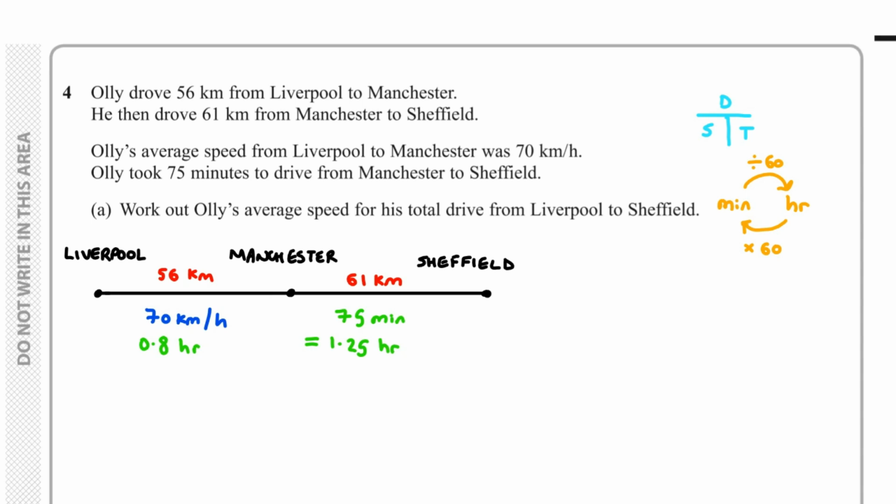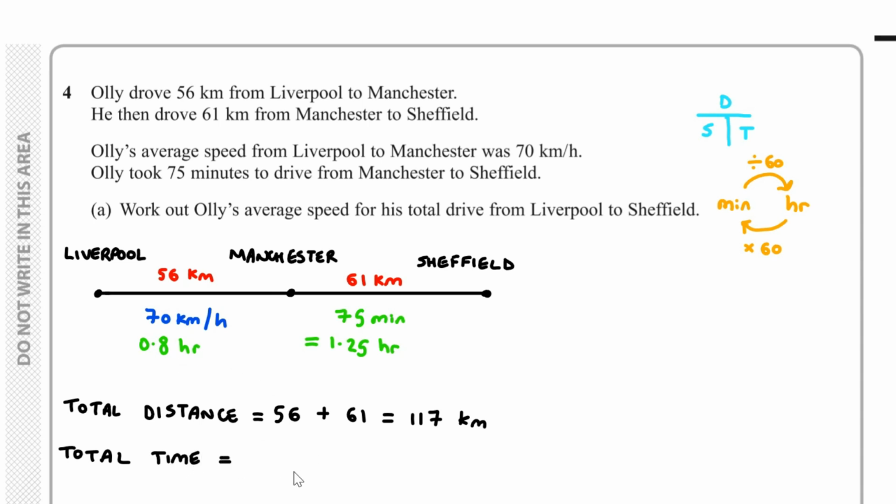Okay, so from this we can see that the total distance from Liverpool to Sheffield, we have 56 plus 61, which is 117 kilometers, and the total time, this is equal to 0.8 plus 1.25, so it turns out here the total time is 2.05 hours.